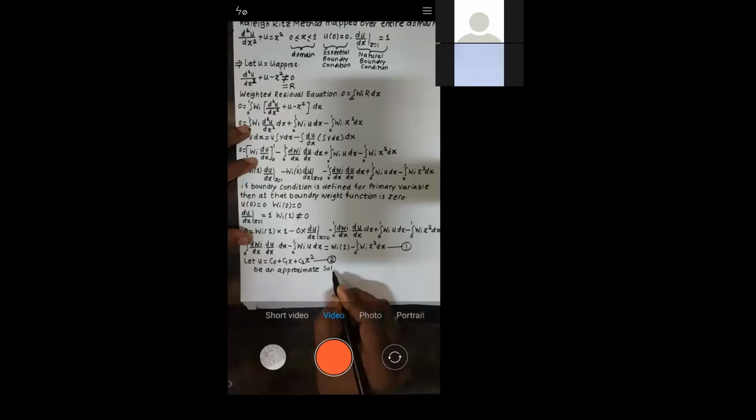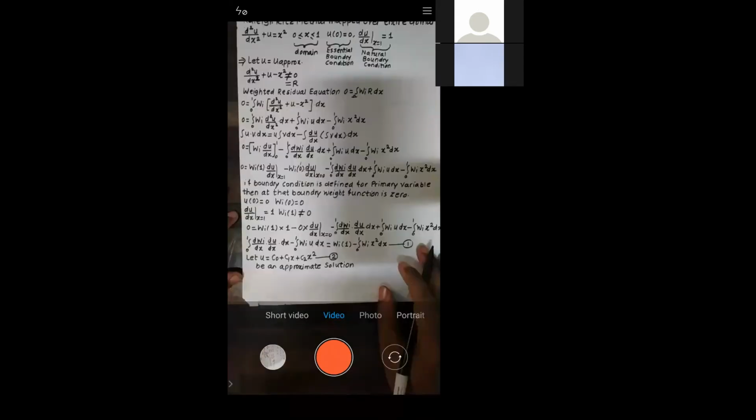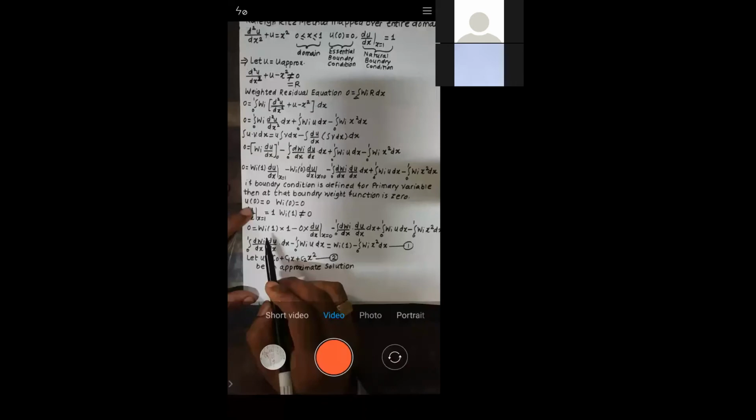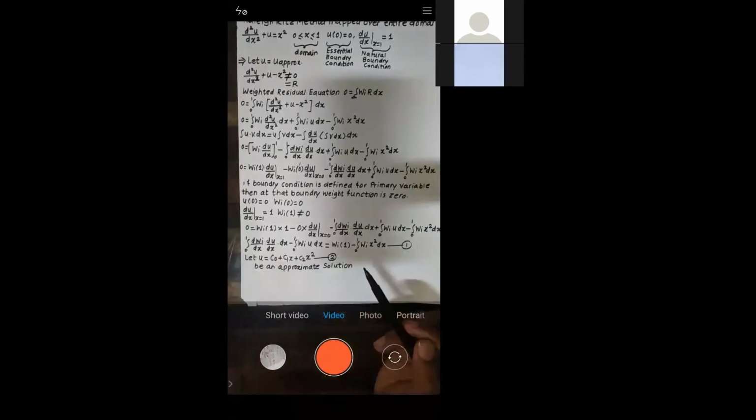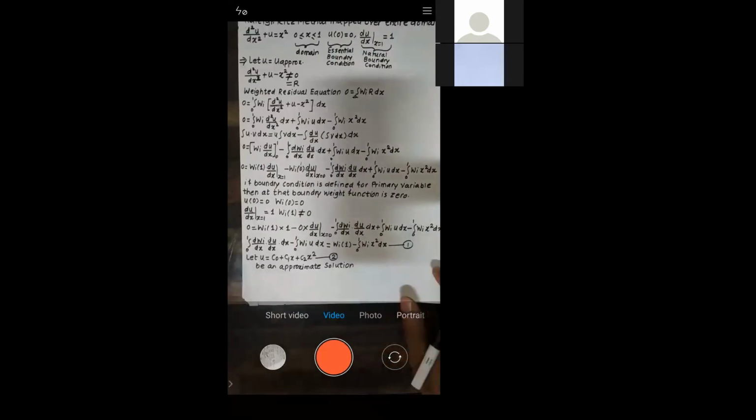Understood or not? So what is the order here? It's first order. So the power of x, I will take one greater than the order of the differential equation, right? So what is the power of x here? 1 plus 1 is 2, right? Is it okay?